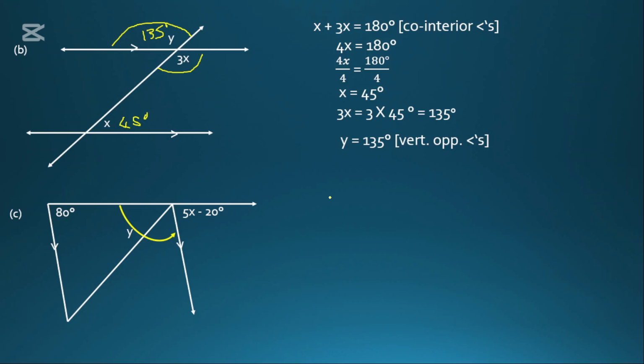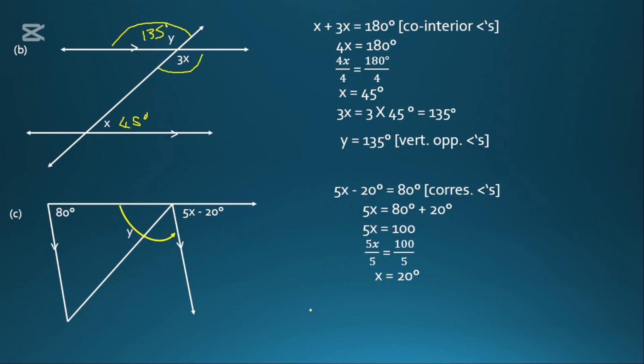Right. We get to our last one. This 80 degrees and 5x minus 20, do they form a pair? Yes, a pair of corresponding angles. You see there, this angle is exactly the same size as this 80 degrees because they are corresponding angles.